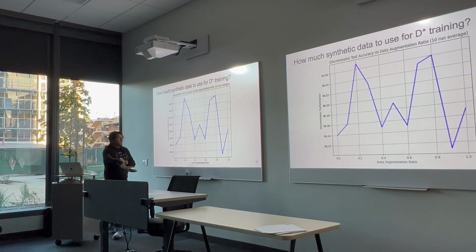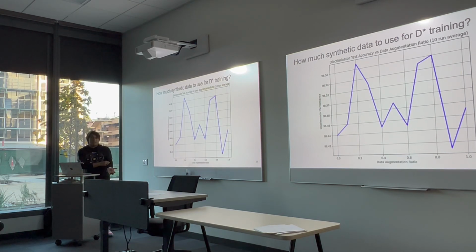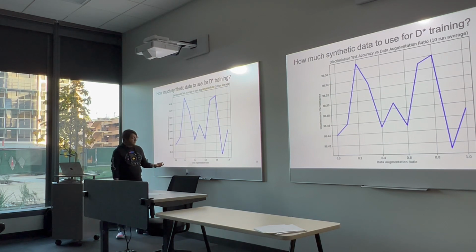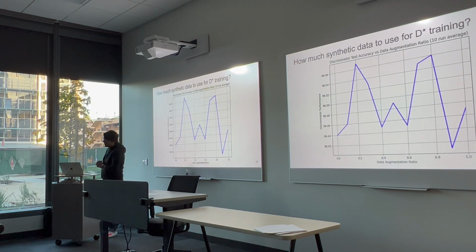We also want to measure how much we can augment this data. So what happens if we don't use the augmented data at all from the generator, versus what happens if we only train on the synthetic data from the generator?